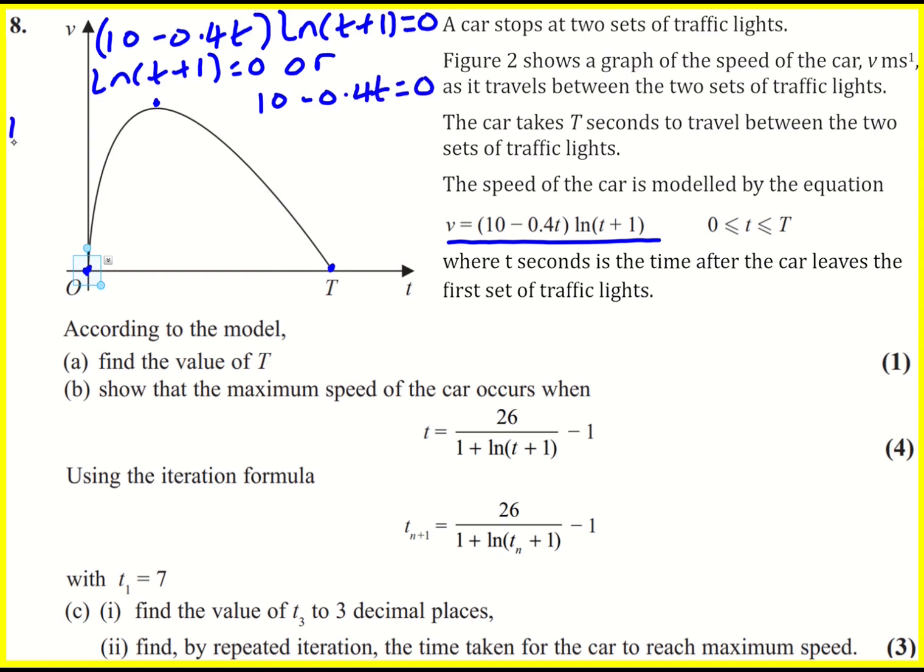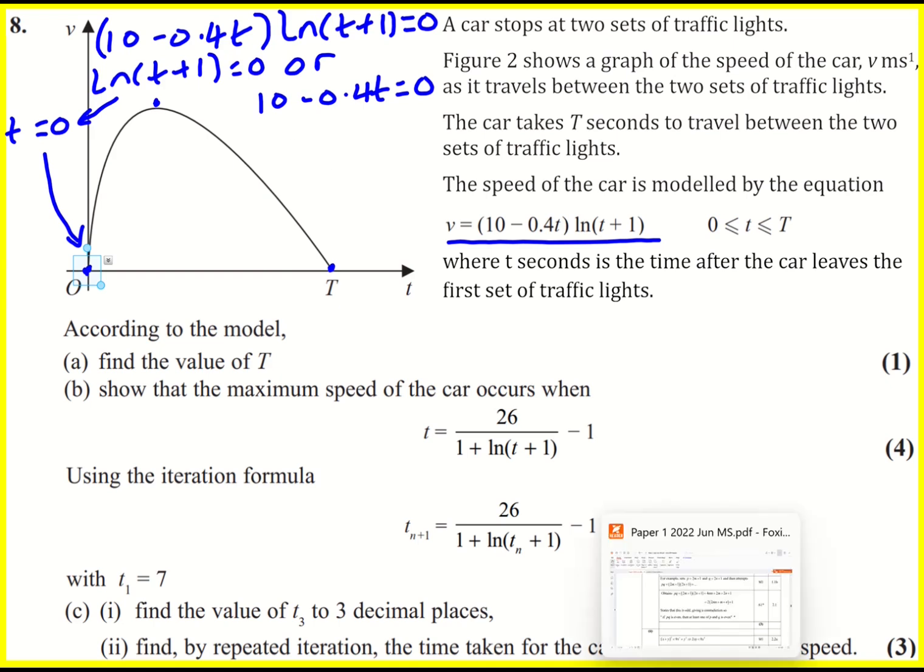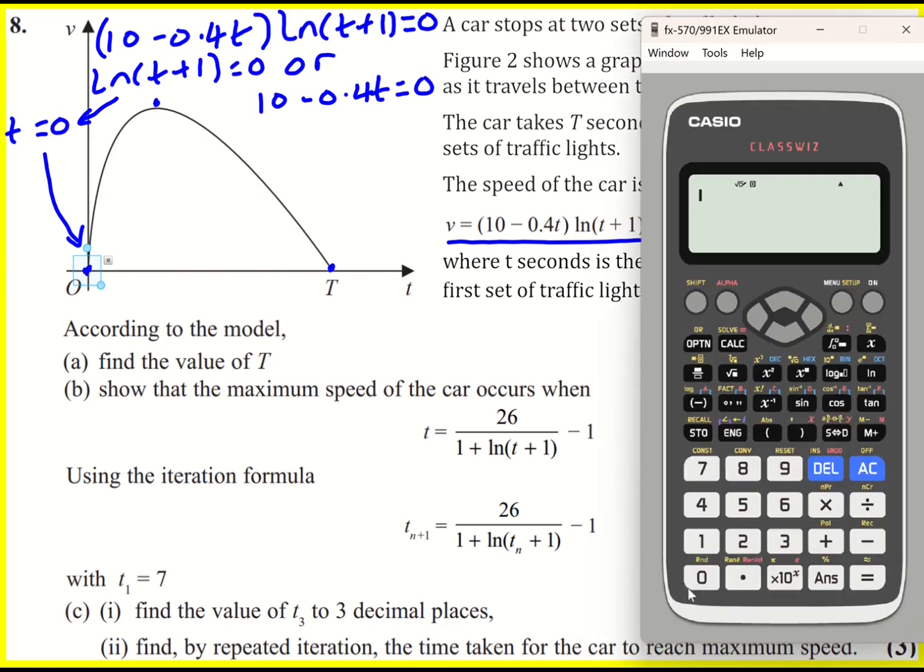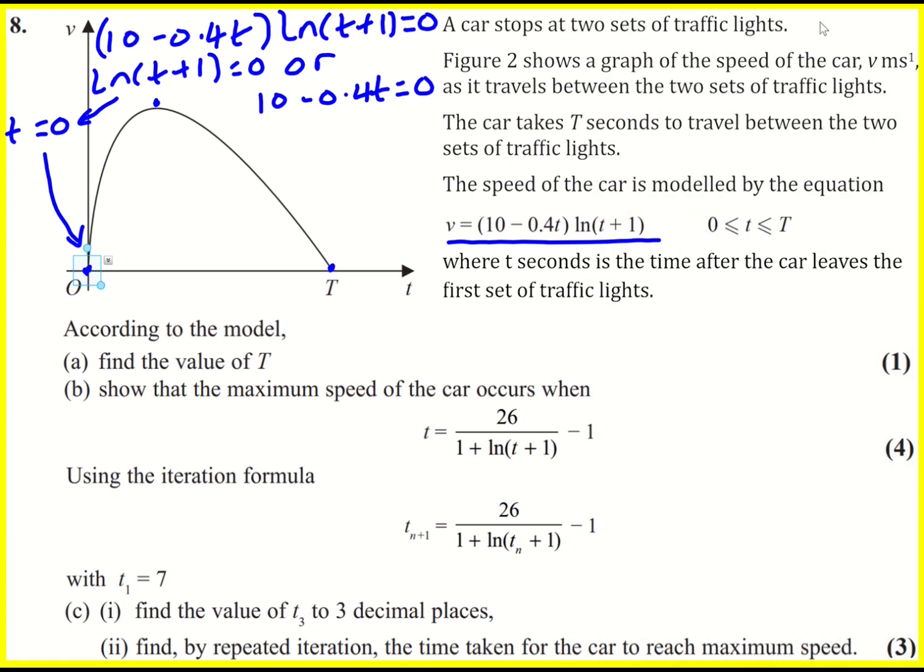The first one actually gives us t is equal to 0, so that's that bit there. The second one is going to be 0.4t equals 10, so we can do 10 divided by 0.4 to give us the time when it stops at the second set, so 25. I'm just going to write down capital T then is 25.